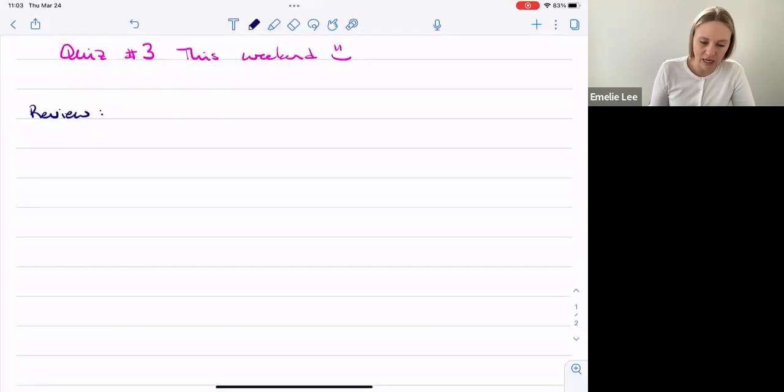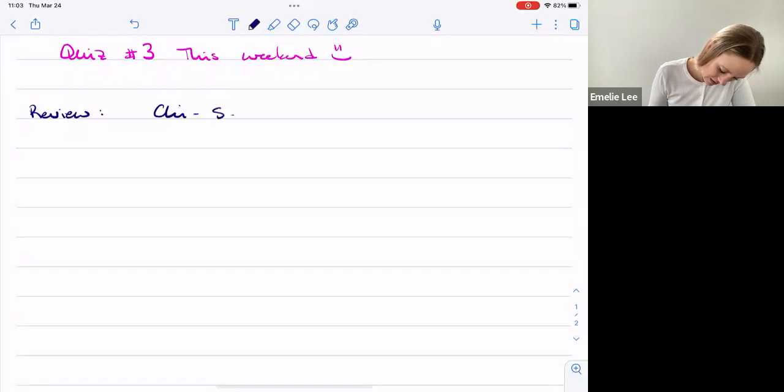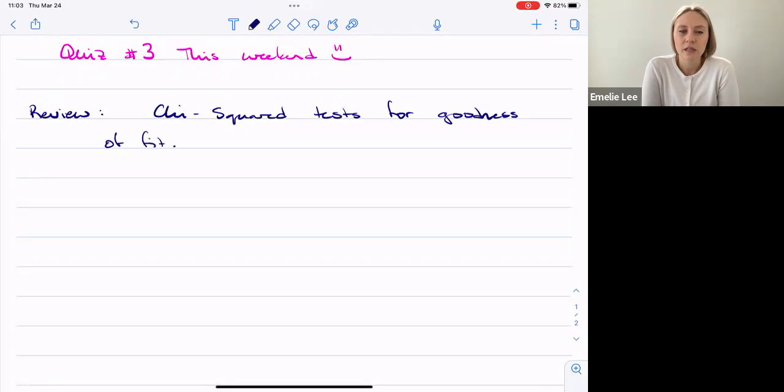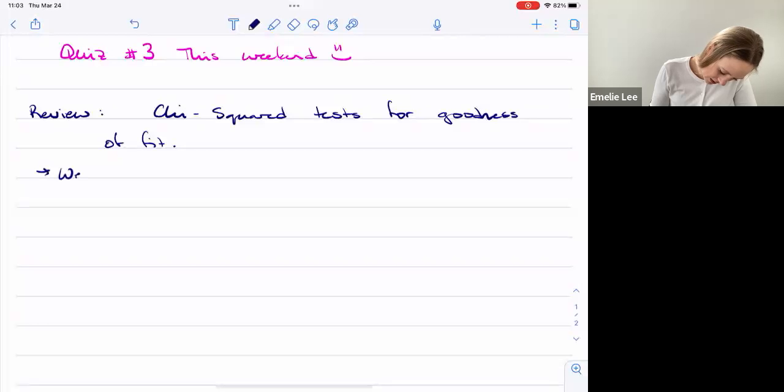We did chi-squared tests for goodness of fit. And what we said was, for chi-squared tests, we're only going to do hypothesis tests.